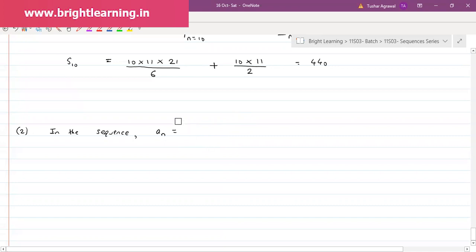Start with the simple ones. An is given by n minus 1 into n plus 1. Find the sum of first 10 terms.